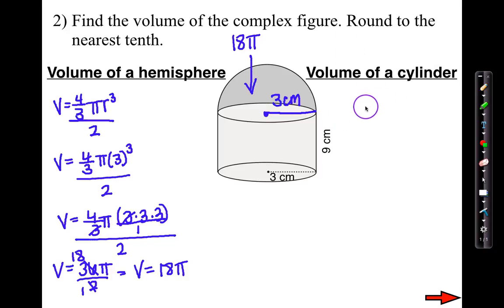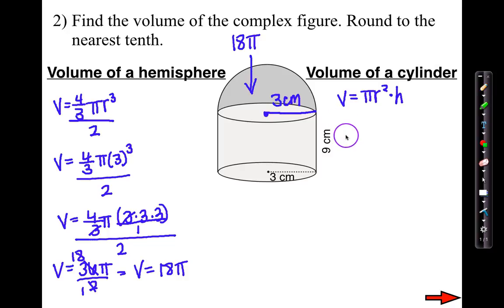So now we're going to write down the formula. It's always a good habit to practice writing it down. It's going to be a little bit easier for you to commit to memory doing it that way. So here, the volume of a cylinder, you can follow the same thing as the prism. It's the area of the base. The base is a circle, so you're going to do pi r squared times the altitude or height.